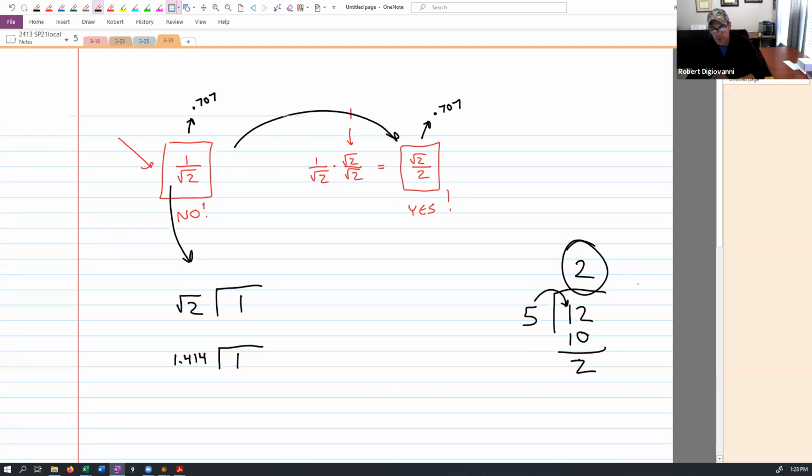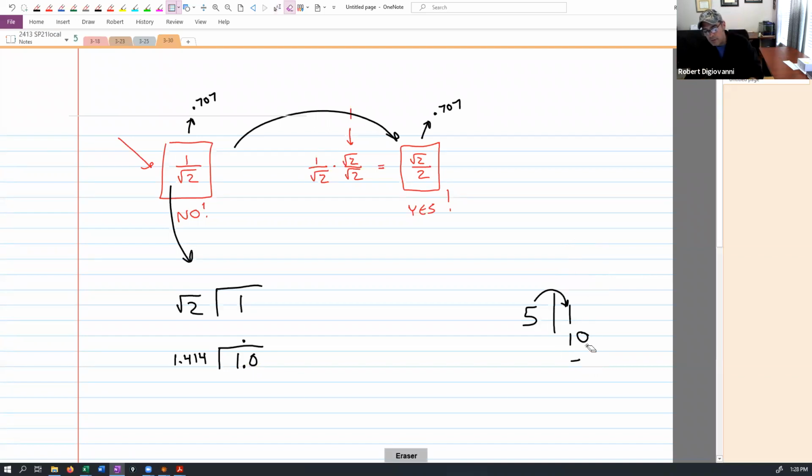That's where that number comes from. Well, how many times does 1.414 go into 1? I have no idea, right? So what we do is we put a decimal here, we put a 0, bring our decimal up. Now we say, how many times does 1.414 go into 10? I don't know. It's not obvious.